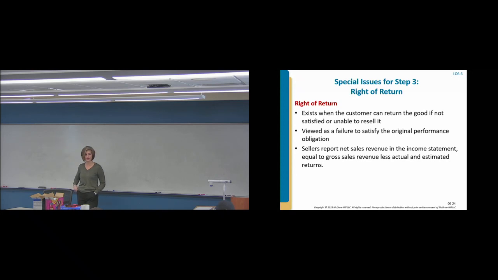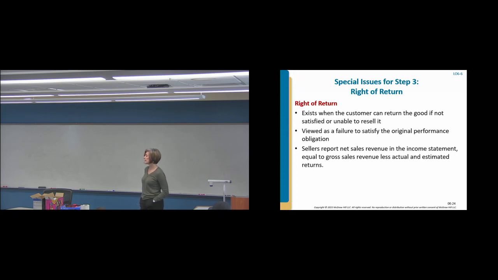You can't return it, no matter what. Most often you do have an opportunity to return. So this exists when the customer can return the good if it's not satisfied, or unable to resell it. There are stores that, if you can't sell things on your shelves, you can return it to the vendor or the supplier from whom you purchased it.